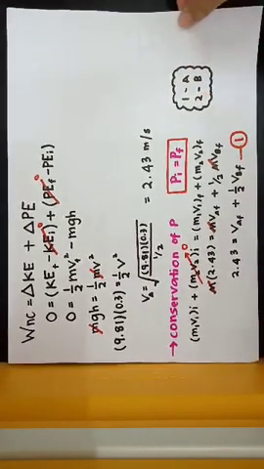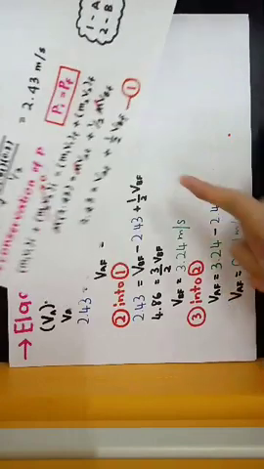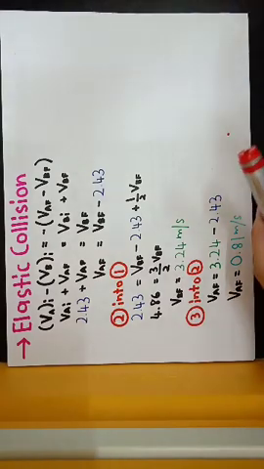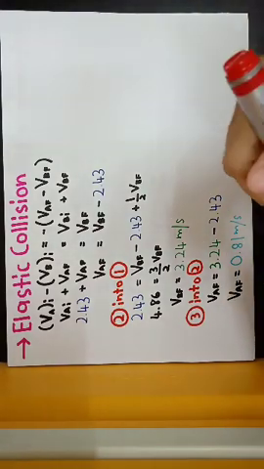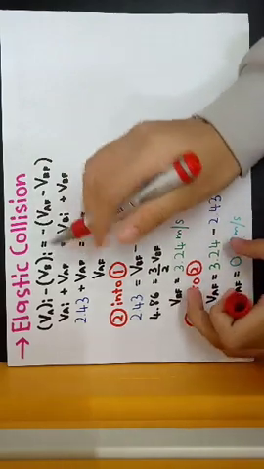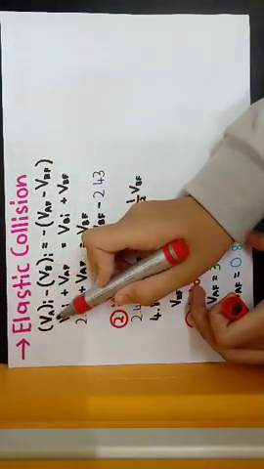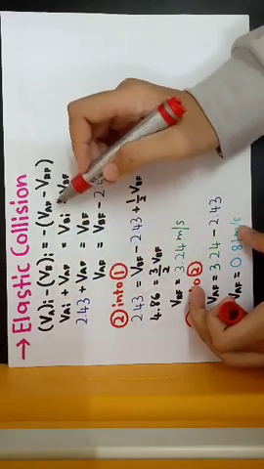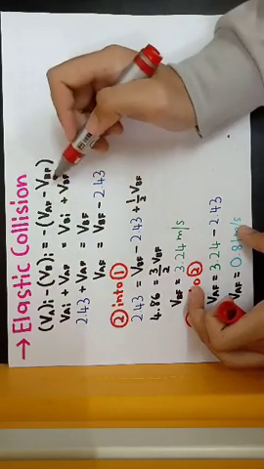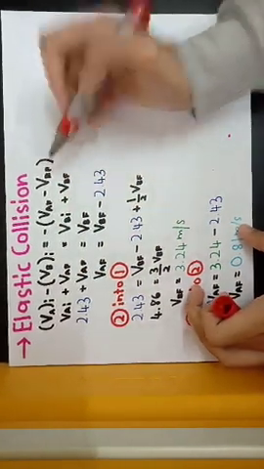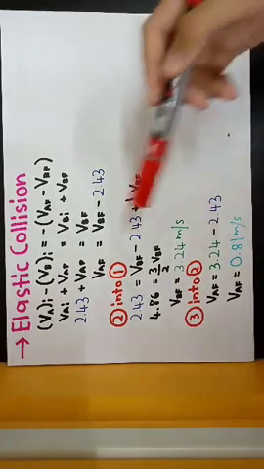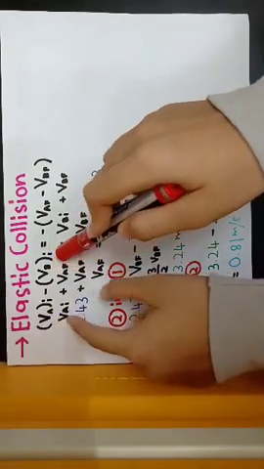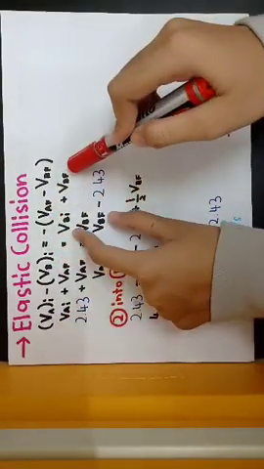Okay, so we have to find the second equation to find either VA or VB. The second equation comes from the elastic collision law, where VA initial minus VB initial equals negative of V final of A minus V final of B. To ease our calculation, we group cube A on one side of the equation and B on the other side.